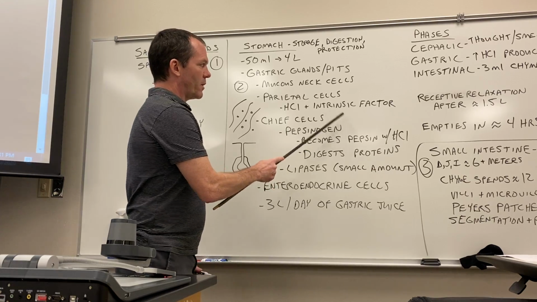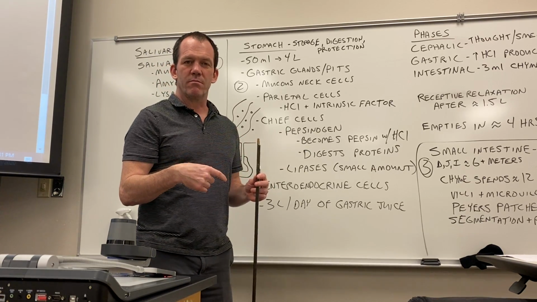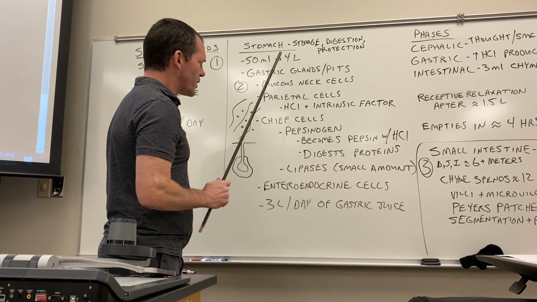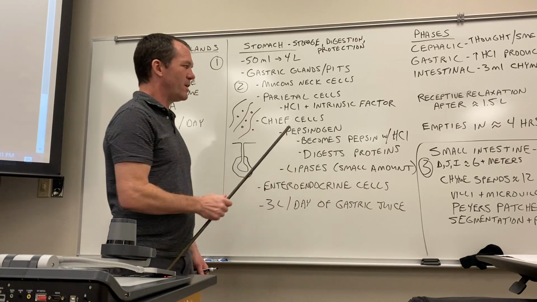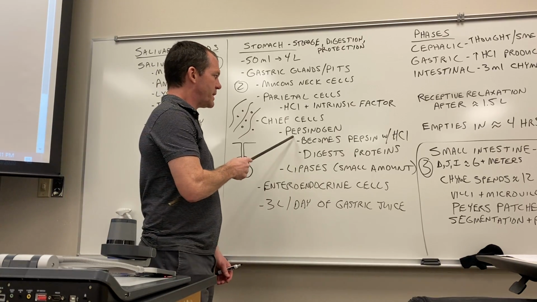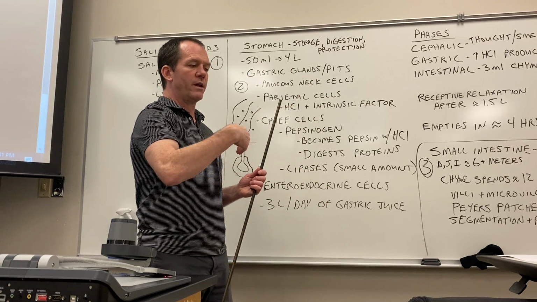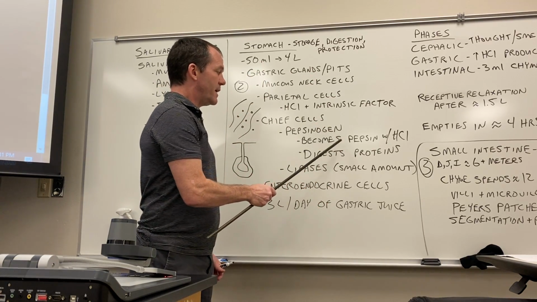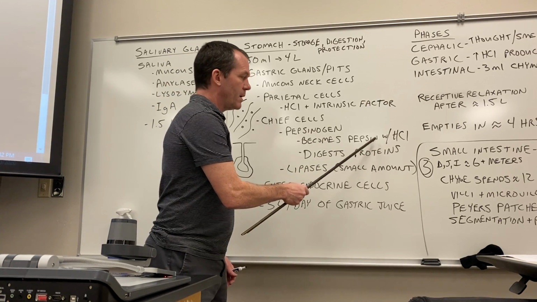Then you also produce something called intrinsic factor, which aids in vitamin B absorption. You have cells called chief cells, and their main contribution here is something called pepsinogen. When you see this "ogen," it's either going to cause something to form or it's the precursor. In this case, pepsinogen is the precursor to a molecule called pepsin.